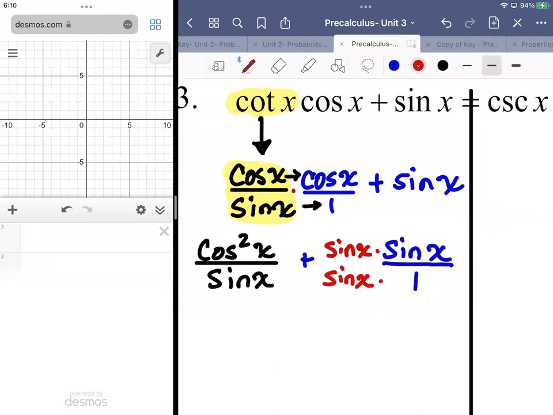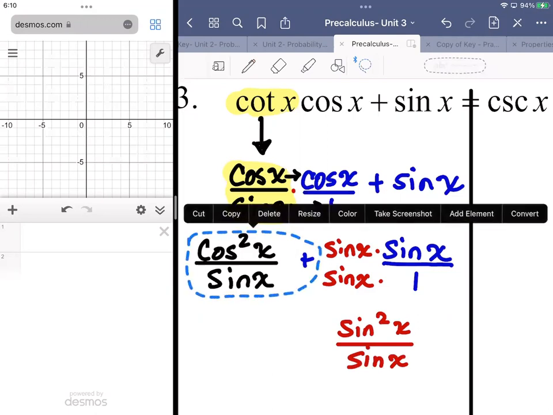Top times top, bottom times bottom. So this will become sine squared of x over sine of x. Everything else comes along for the ride.